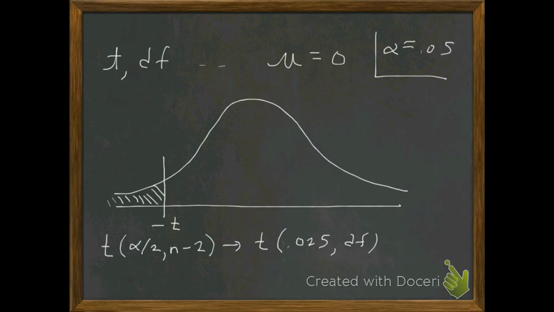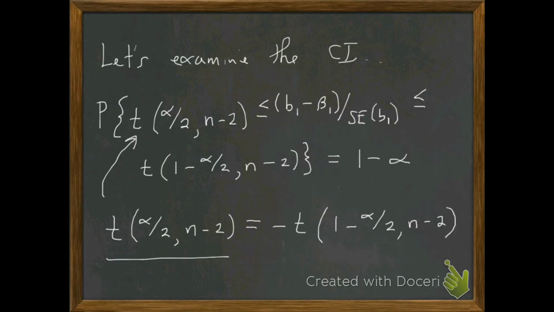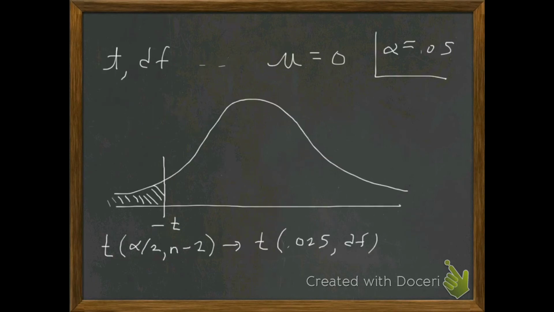Now, when I bring in the notation up here where I have negative t 1 minus alpha over 2 for degrees of freedom, I'm actually taking the negative of this negative to create the positive t with 1 minus alpha over 2.